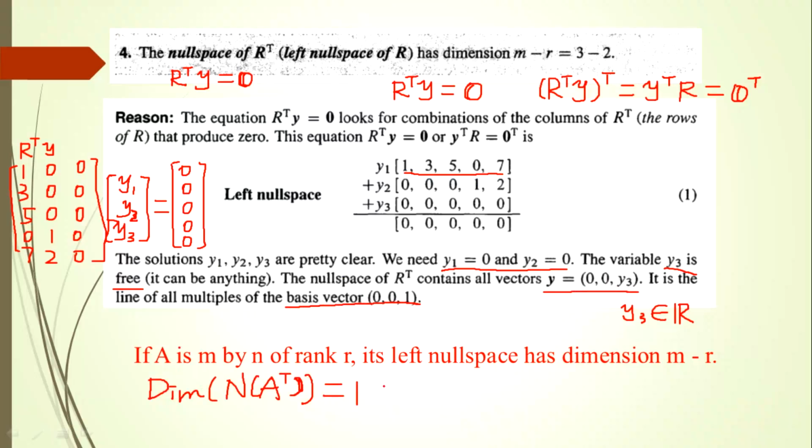How can we get this one? That is M minus R. M is 3, and the rank R is 2. And this one is the subspace. The left null space is the subspace of R3.